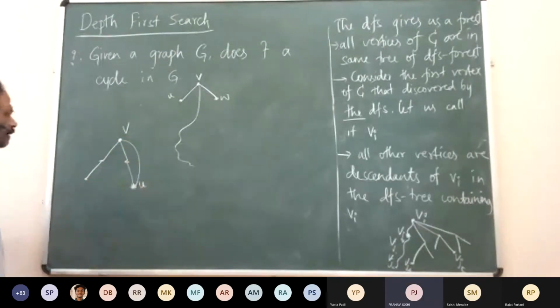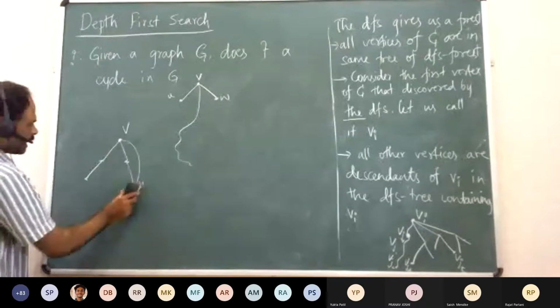Yeah, exactly. That is one good case. Suppose it happens this way, then UV itself is the back edge, right?